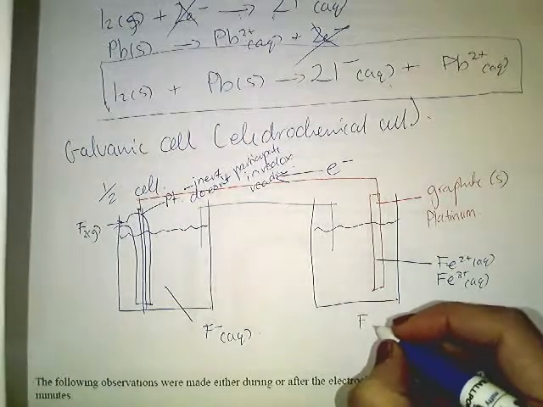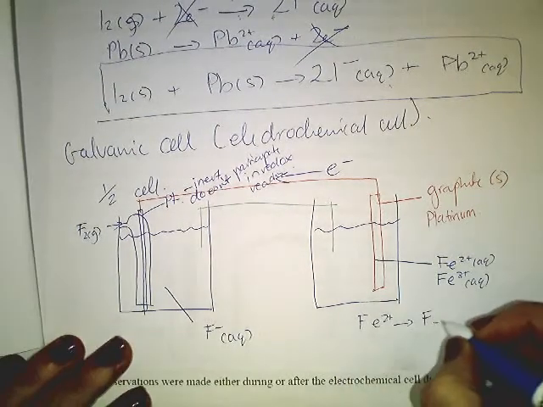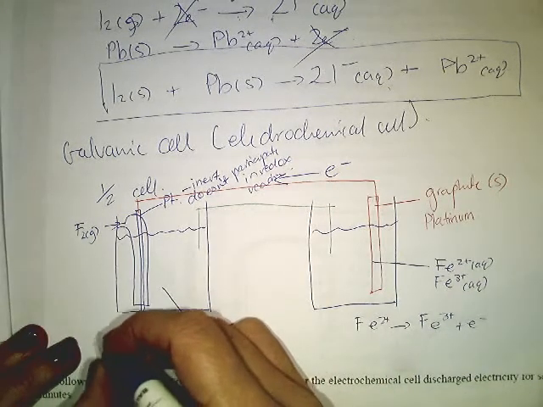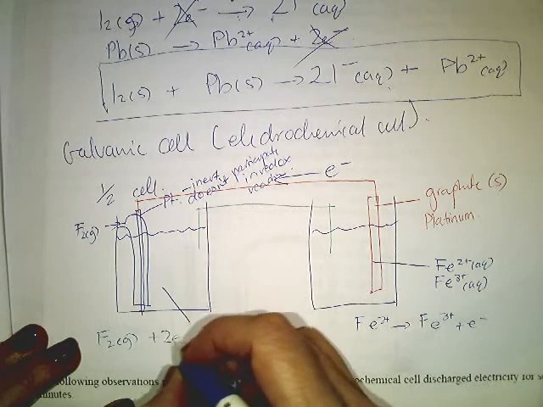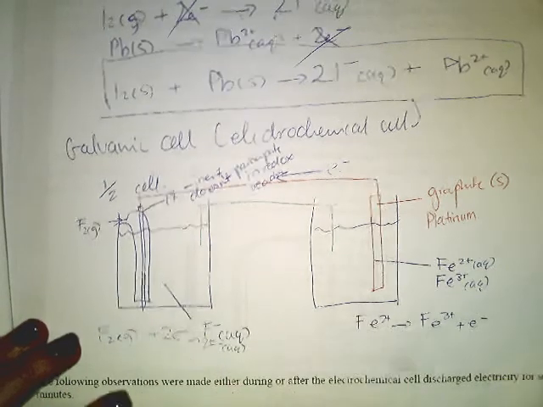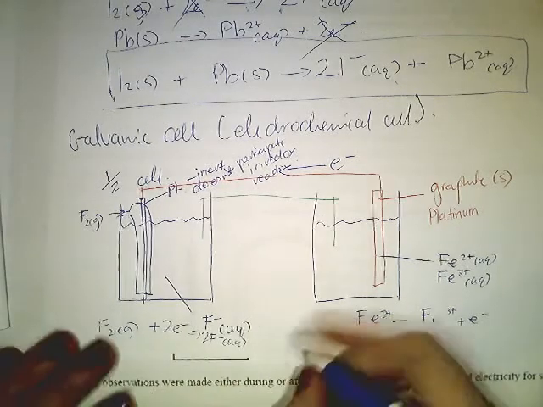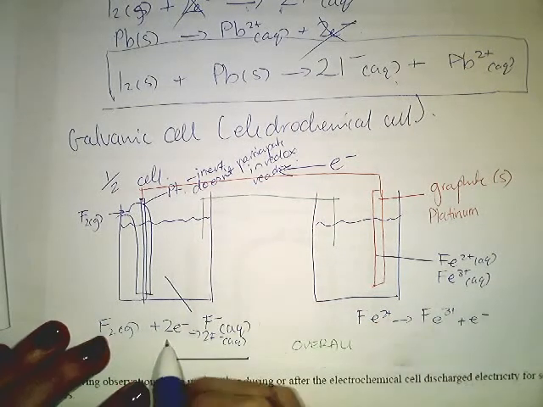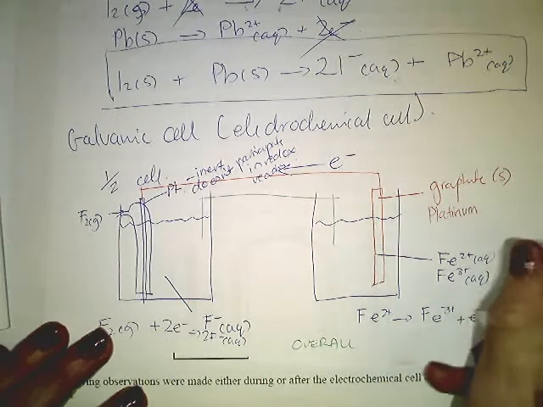So Fe2 plus produces Fe3 plus plus an electron. This one is F2 gas plus 2 electrons produces 2F minus. Okay, then you have a look. Let's do the overall. Now for the overall, we need to make sure that the electrons gained in reduction equal the electrons lost in oxidation.